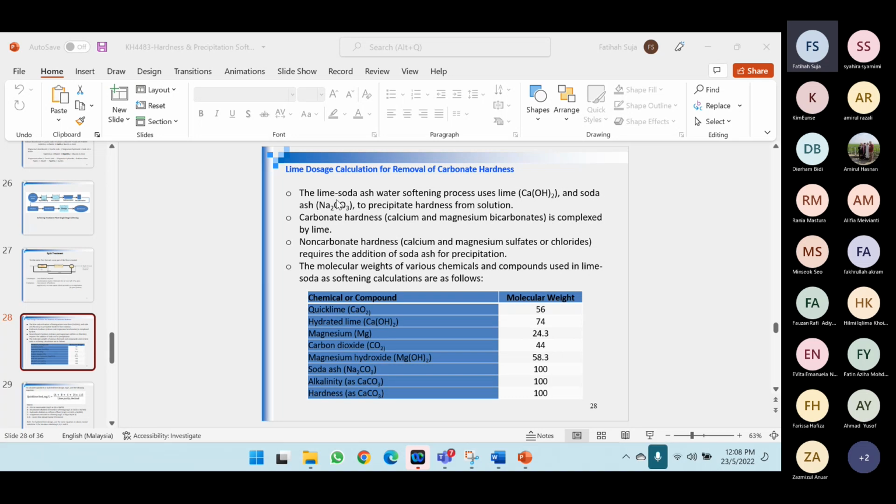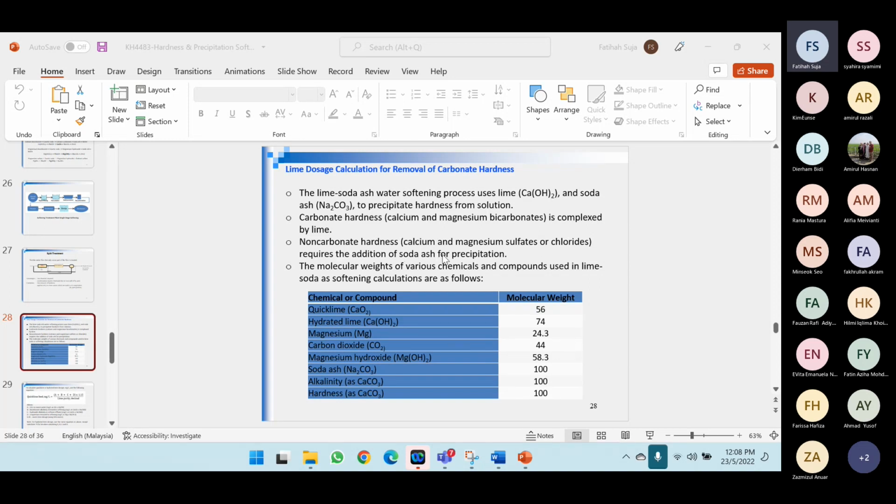So the lime soda ash water softening process uses lime and soda ash, sodium carbonate, to precipitate hardness from solution. So carbonate hardness, as we have discussed, due to calcium and magnesium bicarbonates, is complexed by lime. That's why you can remove the precipitate using lime.